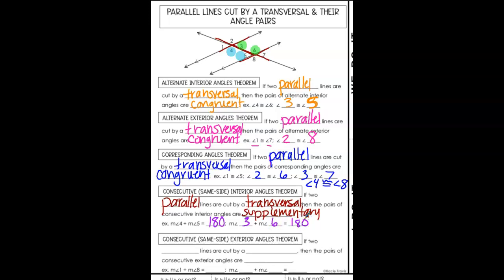Okay, our last one, consecutive same side exterior angles. If two parallel lines are cut by a transversal, then the pairs of consecutive exterior angles are supplementary.